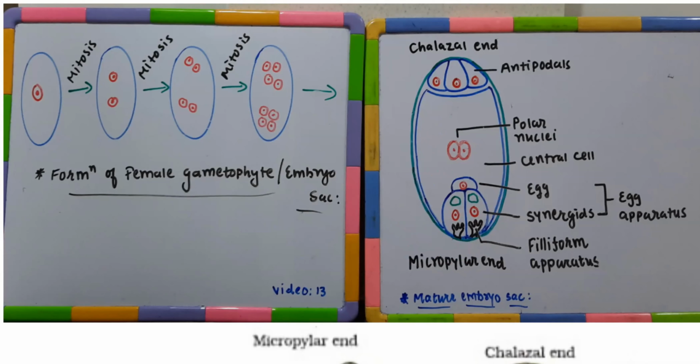Now, as far as the homework is concerned, you may note down the homework, all of you, which you will send later on. Homework includes the diagram of an ovule or megasporangium, and second, the diagram 2.8 in the textbook. Entire diagram 2.8 in the textbook.